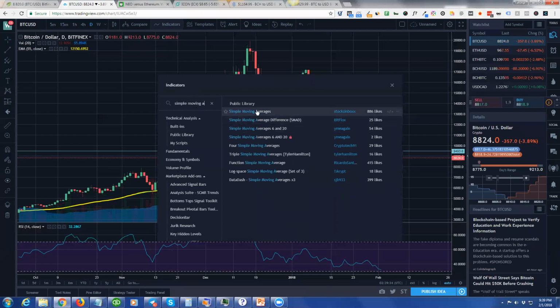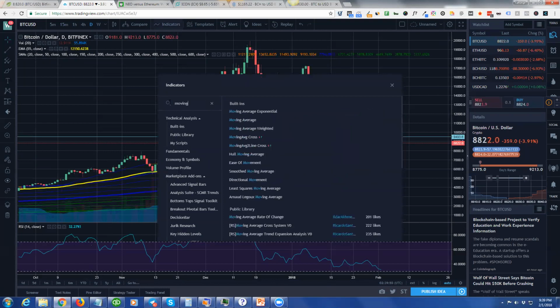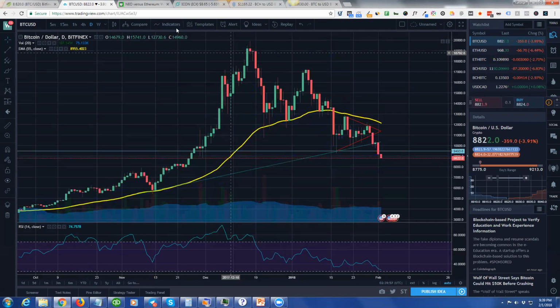So if I do simple moving average, that's moving averages. Let me try this. No, it's just the moving average. Okay, hang on a sec. I've got to get rid of this in order to put this on.